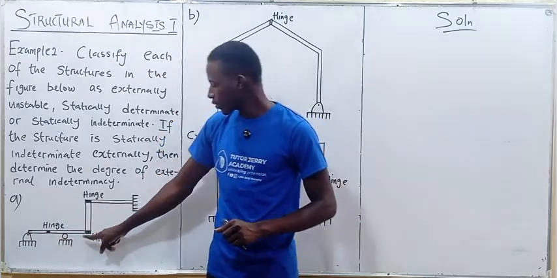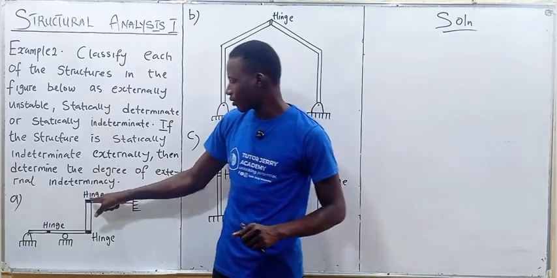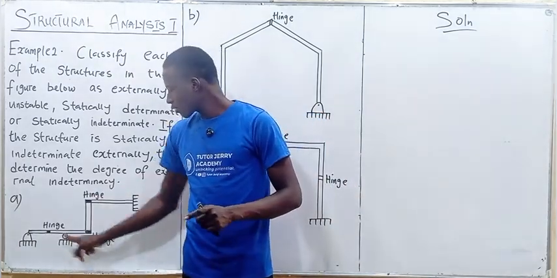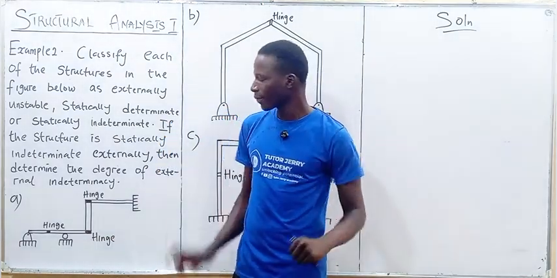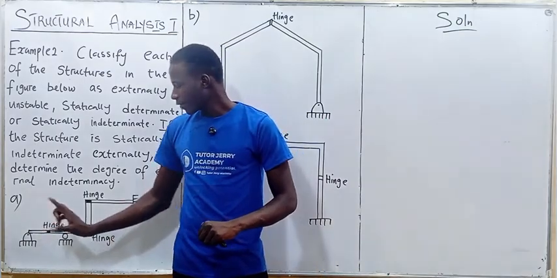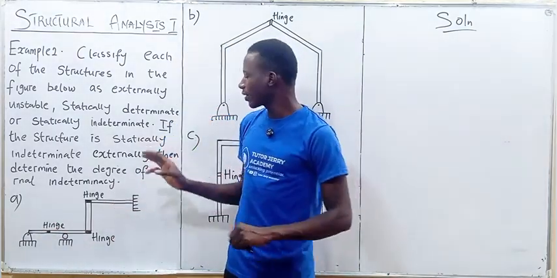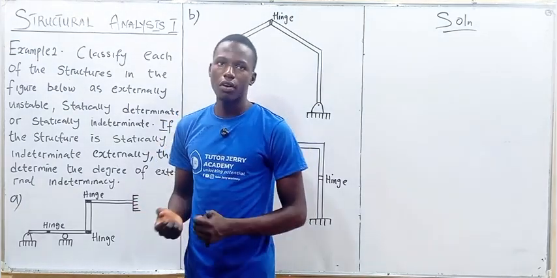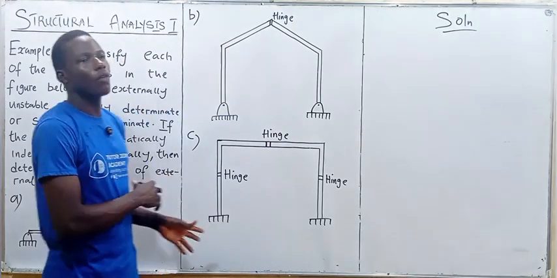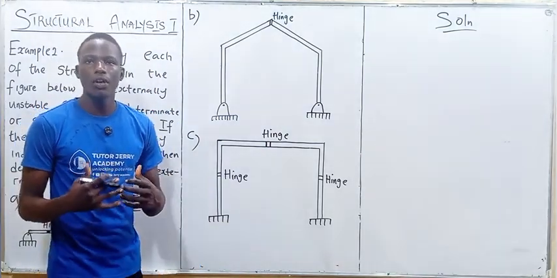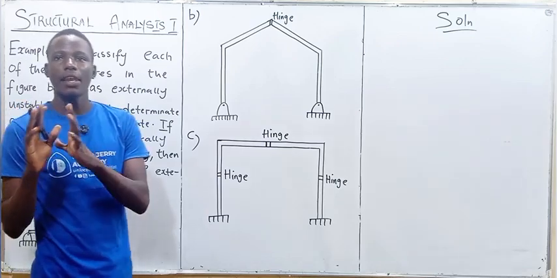Now, this structure is hinged at this point. It is also hinged at this point, and it's also hinged at this point. So therefore, we have 3 equations of condition. Take note. We have 6 reactions and 3 equations of condition. So this is basically what we have. From the look of this structure, you can tell that the structure is internally unstable.